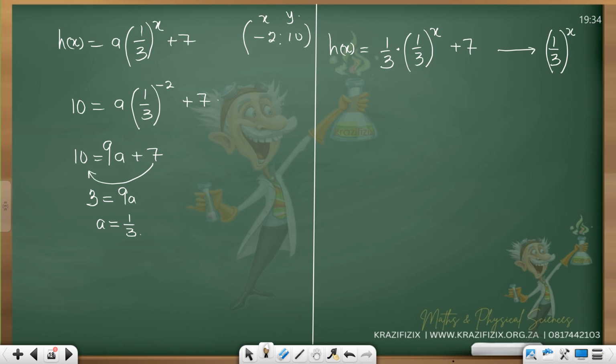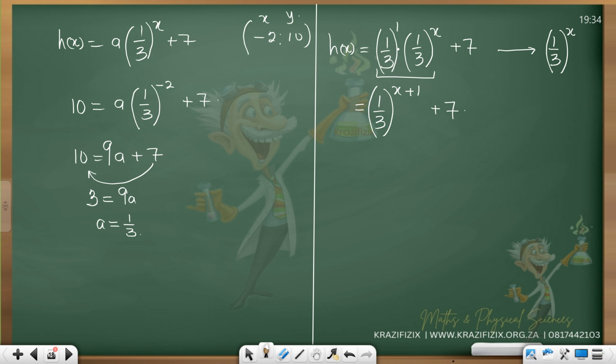I will first rewrite this using laws of exponents. This is to the power of 1. If we are multiplying with the same base, you keep the base and add. So what do I have? 1 over 3 to the power x plus 1, plus 7. That is h of x.